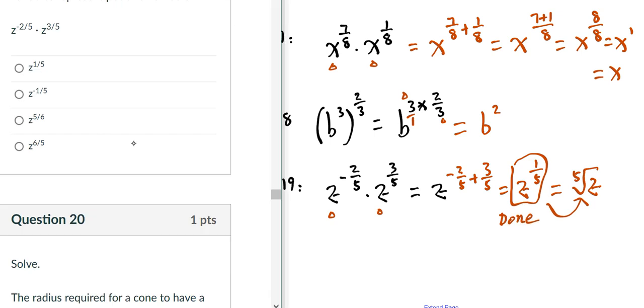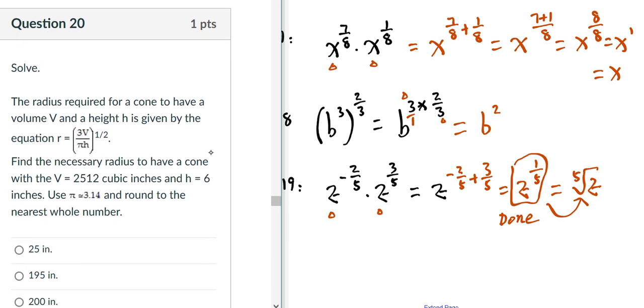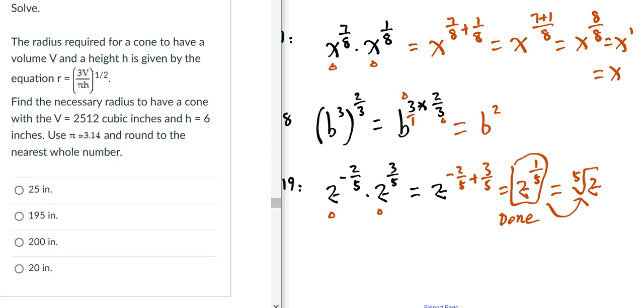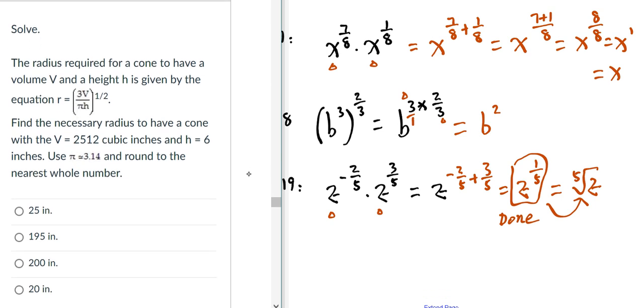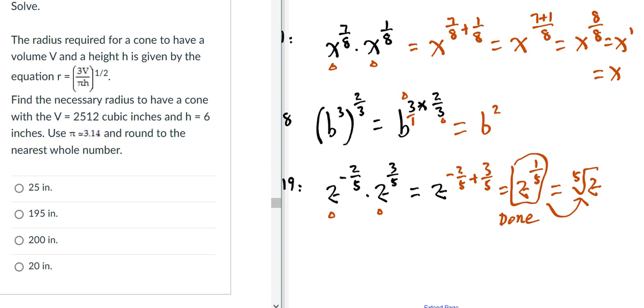That was 19. And here we may do question 20. Question 20 says that the radius required for a cone to have a volume V and height h is given by this formula.